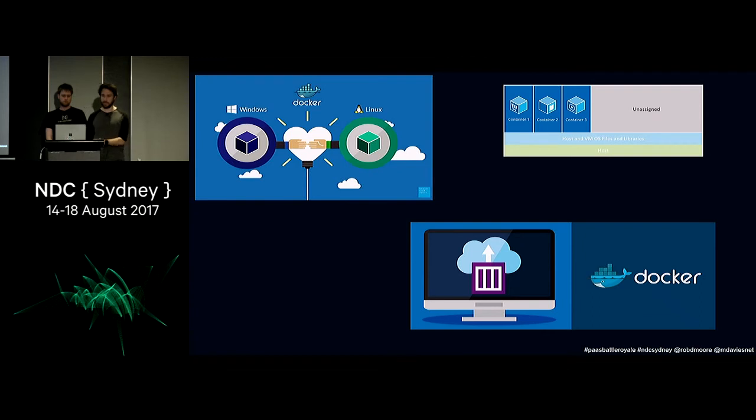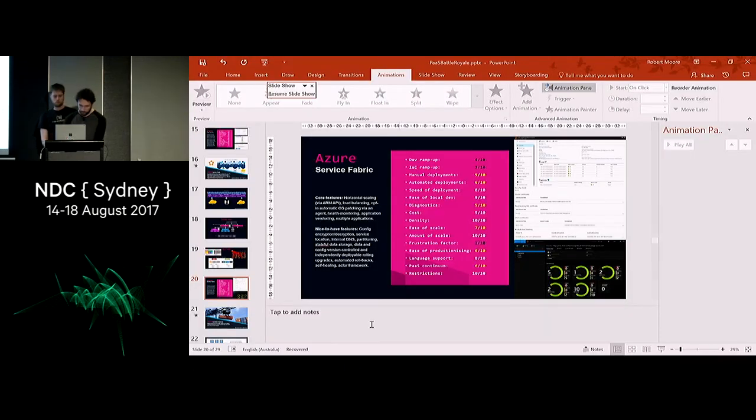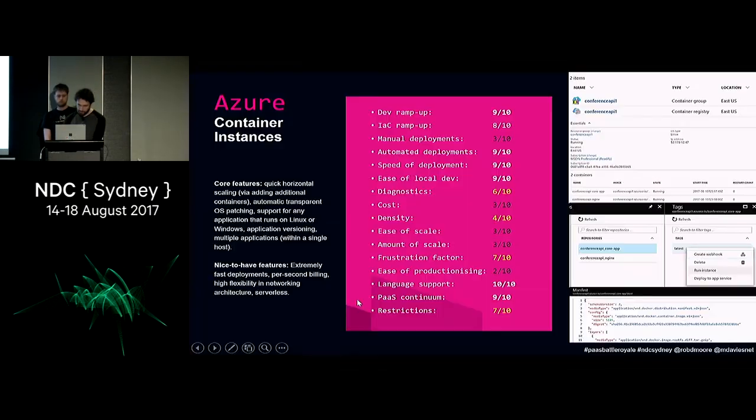Container Instances support Windows and Linux now. The Windows containers weren't there straight away, but they work now with a couple of little limitations. So pretty cool little service, obviously very simple and easy to explain, and so we thought we'd include that in our list of trials. So I might show really quickly what this looks like in the portal.